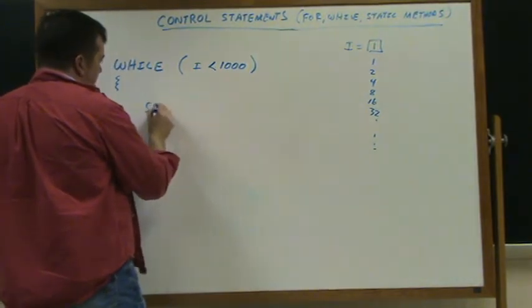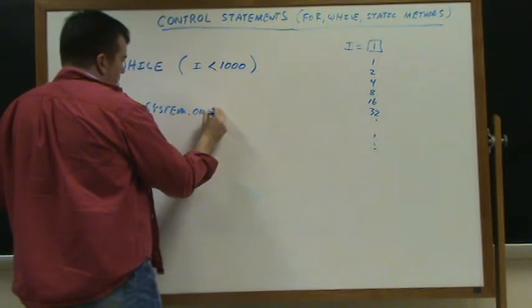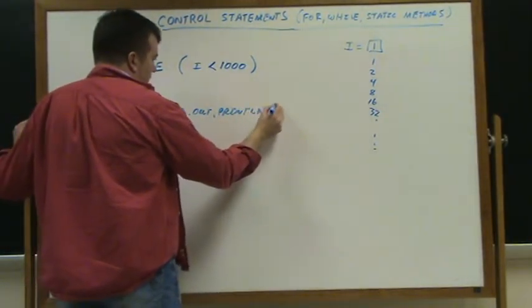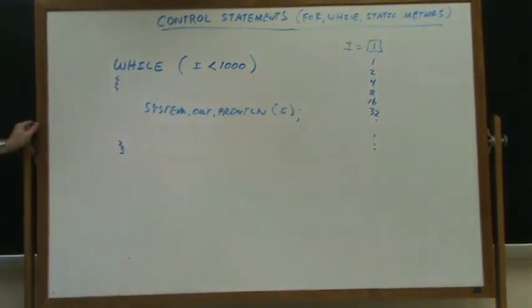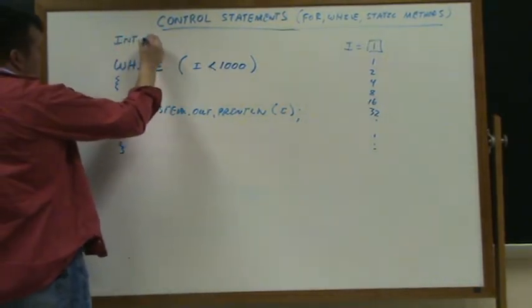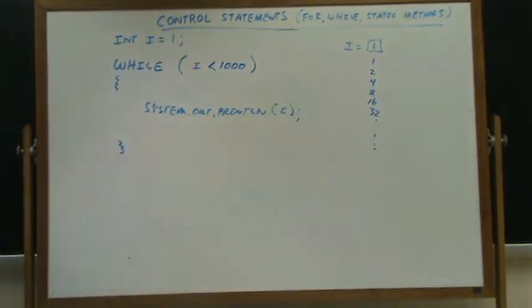And we could say system.out.print, we could print out I. Okay. And we'll let I initially be 1. And then what change do we make to I?